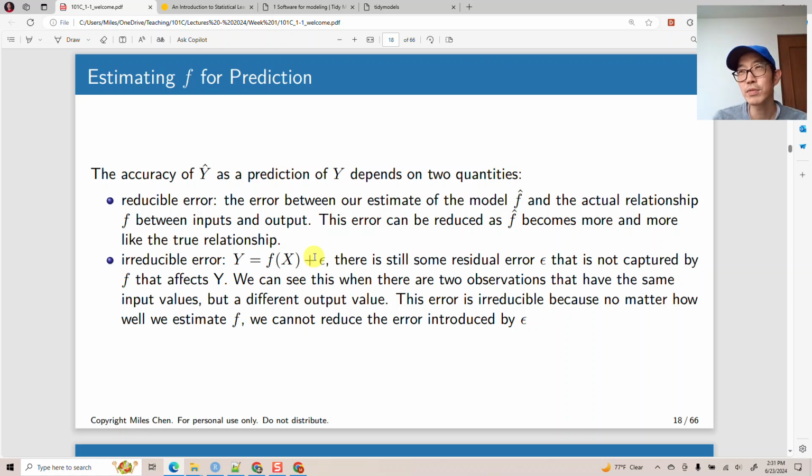So even if you know the true relationship, because of randomness, there's going to be some leftover error that cannot be reduced. You can have two observations with the same x values that produce different output values. This is irreducible because no matter how well we estimate f, we're not going to get rid of the error introduced by epsilon.